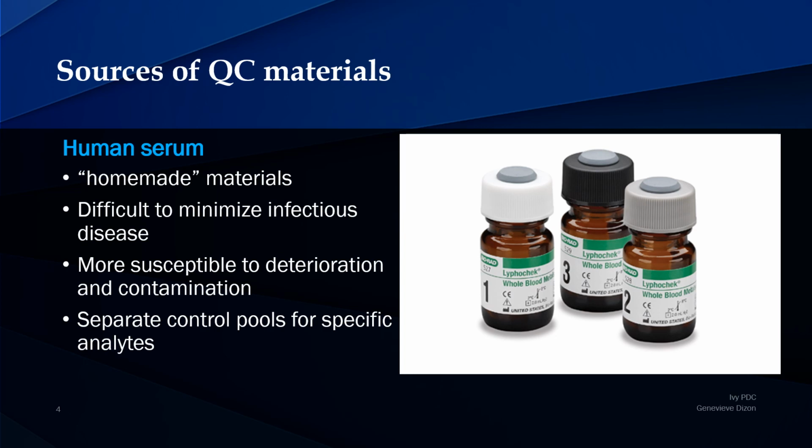So that's a lot of control pools that you would have to collect. Why? Because you would need a specific value only. So dapat mag-ipon ka muna ng serum na may pare-parehong sugar, mag-ipon ka ng serum na may pare-parehong cholesterol levels, and that's what you make as your quality control materials.